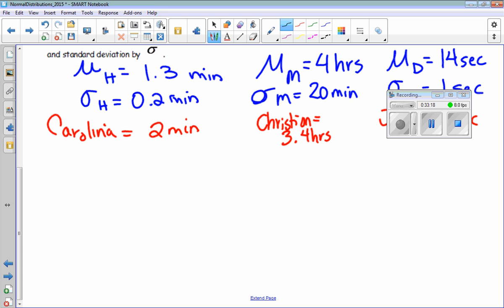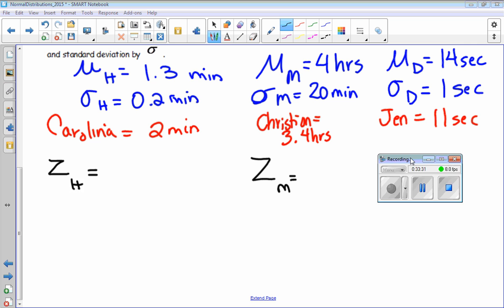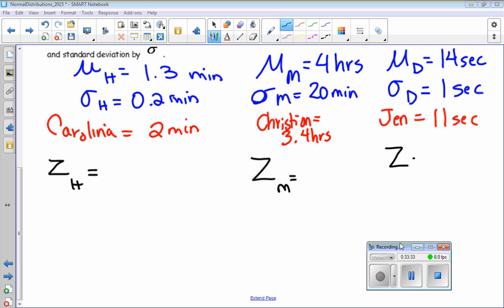Okay? So let's find the Z-score for the hurdlers, for Carolina, the Z-score for the marathoners, for poor Christian, 3.4 measly hours. And then the Z-score for Jen, who's going to states, we think, for her dash running.